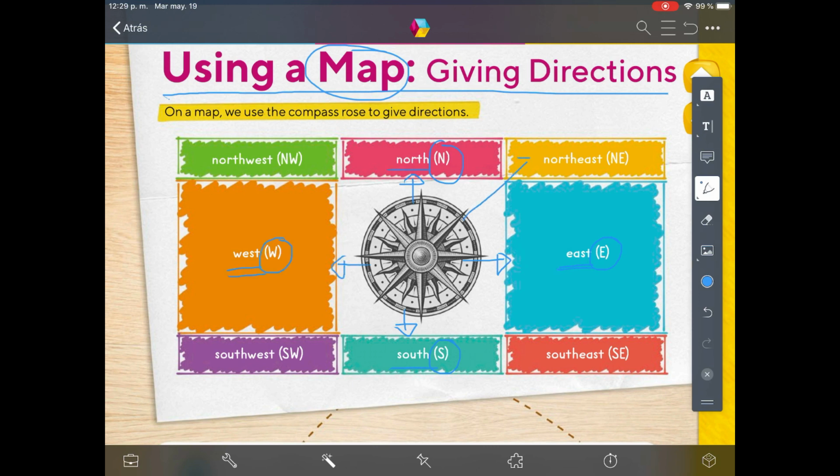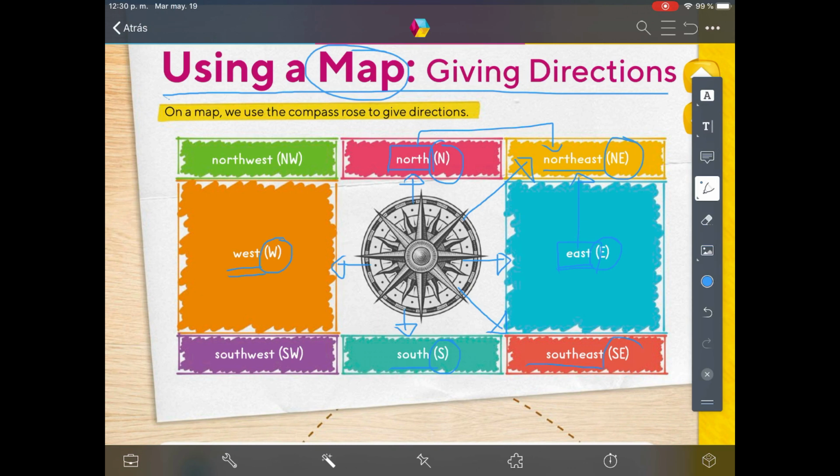But also we have some directions that are not north or east, but they are in diagonal. For example, northeast, capitals NE stand for northeast. Down south and to the right we have southeast.